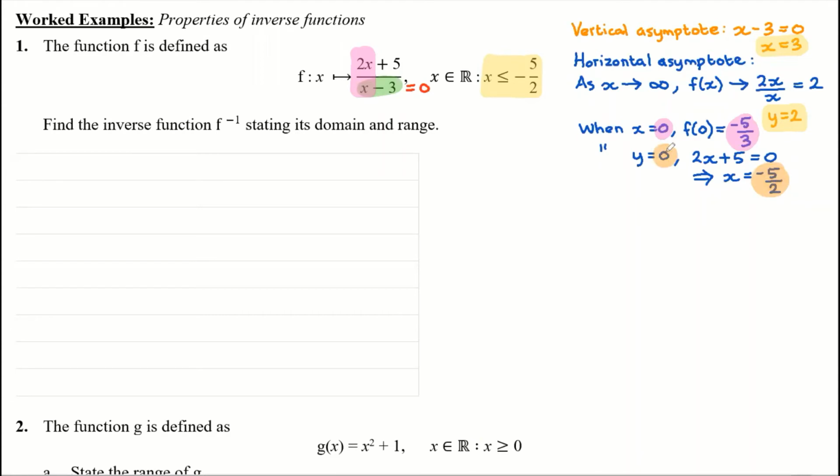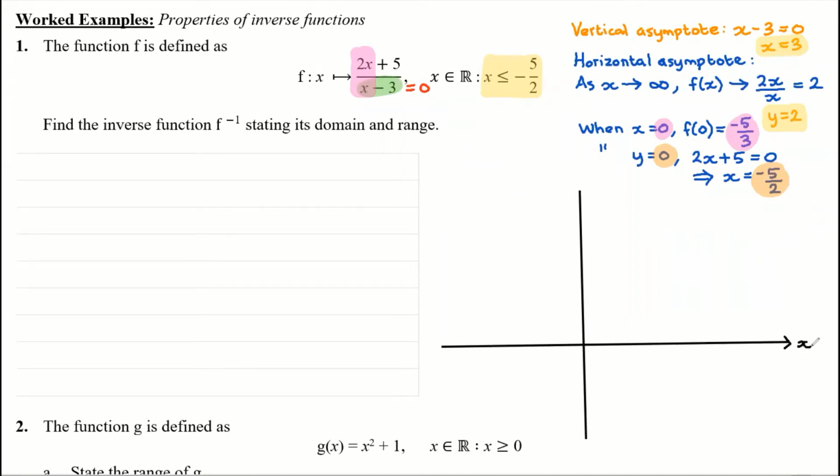So let's put all this together on a sketch. We'll put on the axes first of all. So just think where our asymptotes are. We have one at x equals 3 and y equals 2. Put this somewhere in the middle. So something like that will be okay. We'll just label the axes.